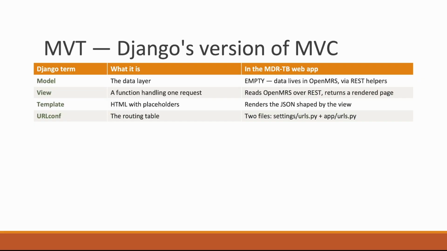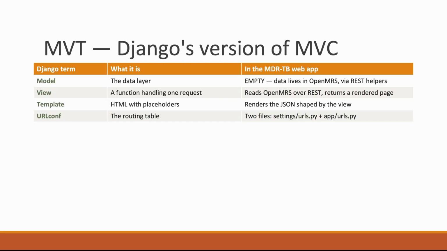So what exactly is a model? Model is the data layer where you are defining your entities. In this project, this layer does not exist. We have an empty models file. Why? Because we don't have entities in the web application. All the entities live in OpenMRS.